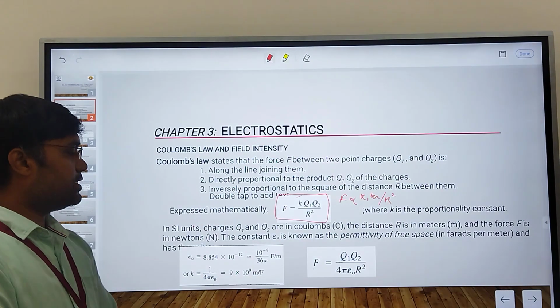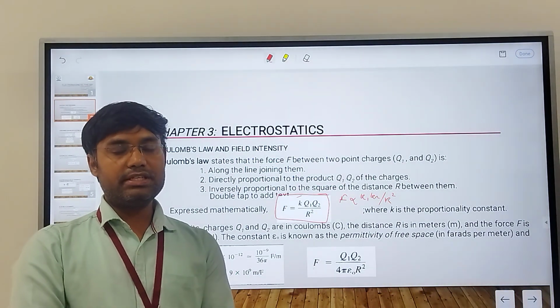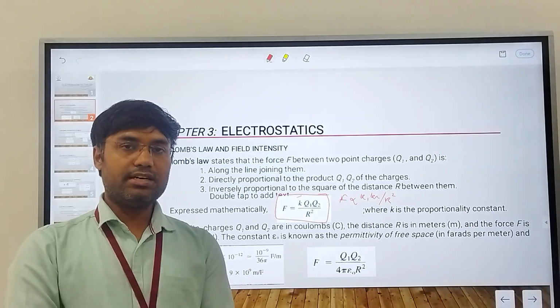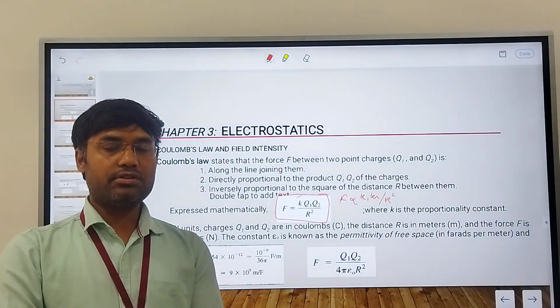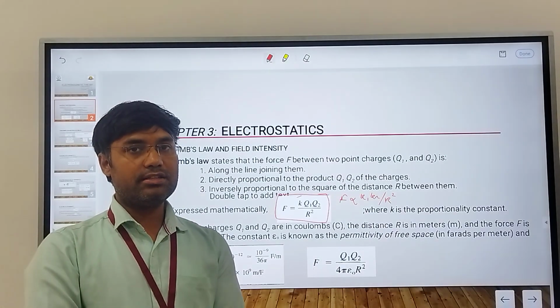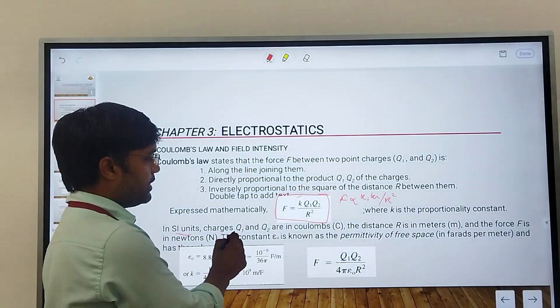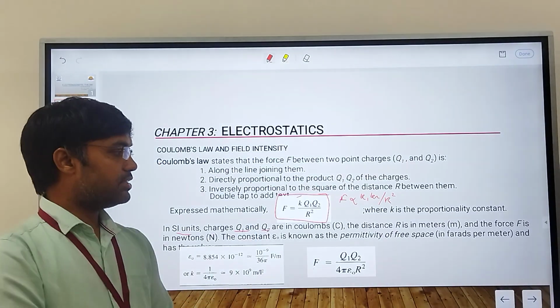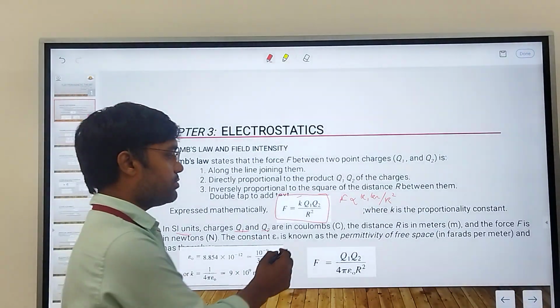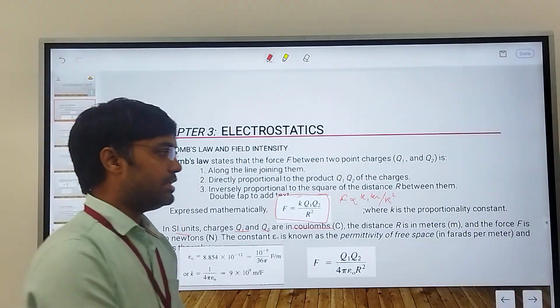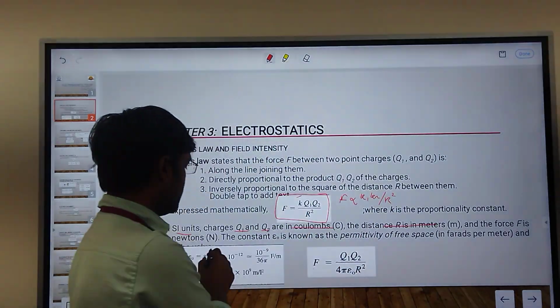Coulomb's law states that the force acting between two point charges is directly proportional to the product of the two point charges, and inversely proportional to the square of the distance between them. In SI units, Q1 and Q2 are the charges represented in coulombs, distance is represented in meters, and force in Newtons.